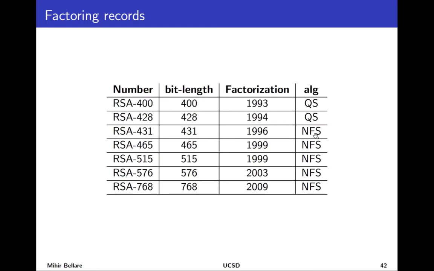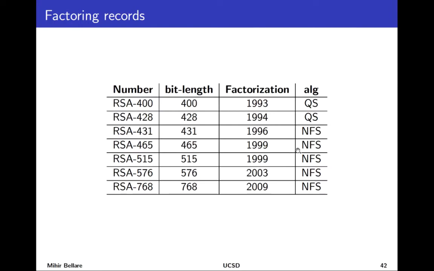By the mid-90s, the number field sieve, our third algorithm, was being applied to even bigger numbers. Now, even up to this point, the general standard in the industry was to use 512-bit RSA moduli, and people thought that was safe enough. Nobody's ever going to factor a 512-bit number. So it was really major news in the late 90s when they did factor a number of around 512 bits.